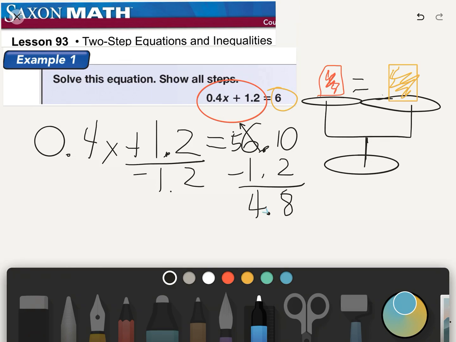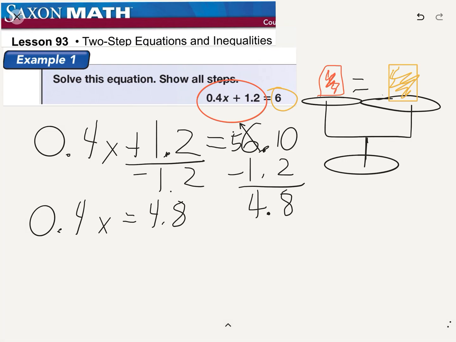Okay, getting us to a simplified version of 4/10 of x equals 4 8/10. And now we just divide each side by 4/10. Or looking at this, we're just looking for the number of groups.